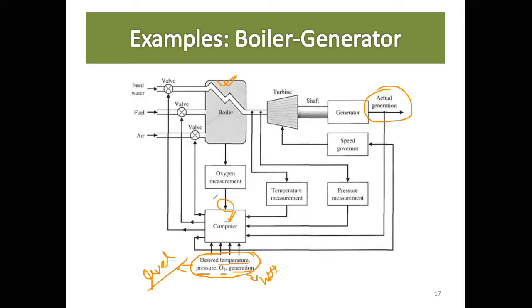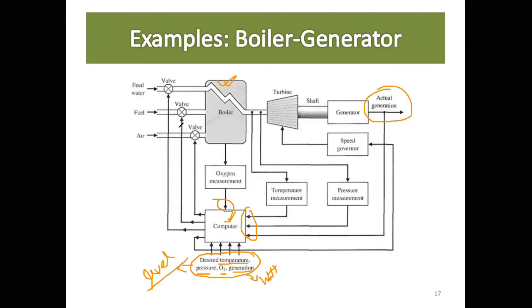So when the computer gets the values, it will compare them with the given values. If the values are exact, then it will run. But when the computer sees that the level has changed, then according to the level, this valve will be closed or opened. If it sees any mismatch, it will close the valve.